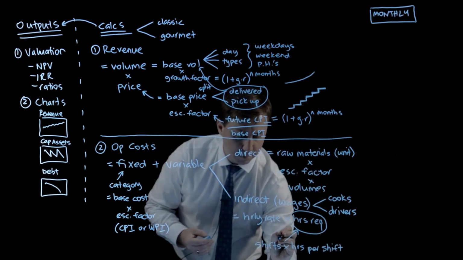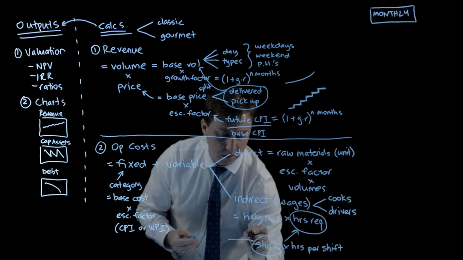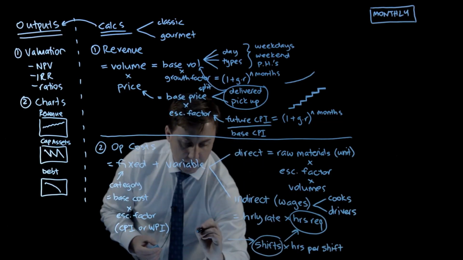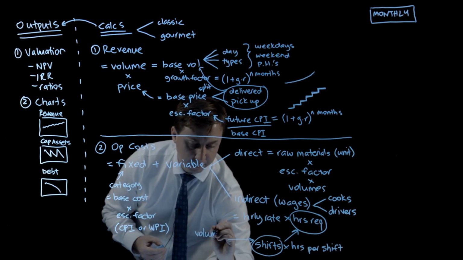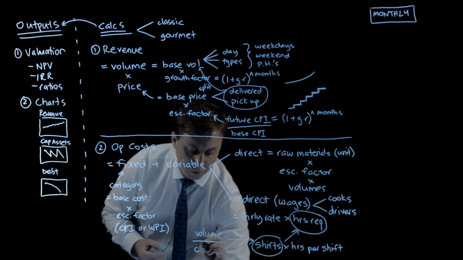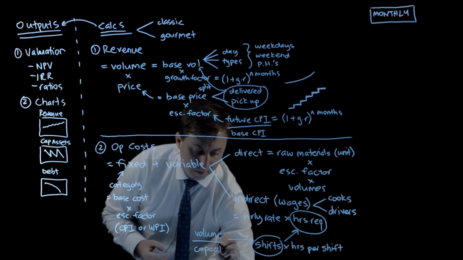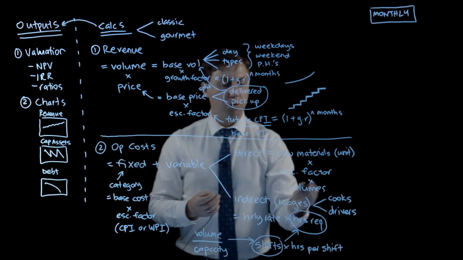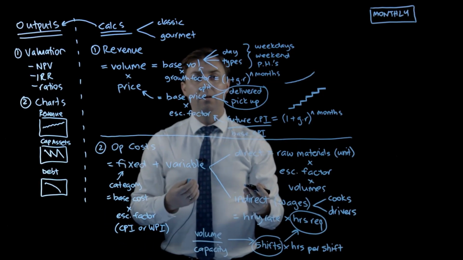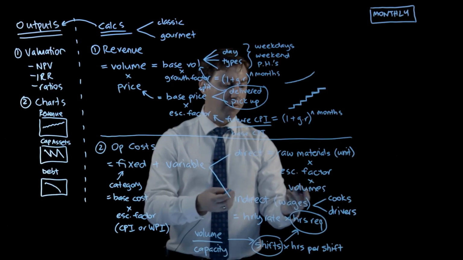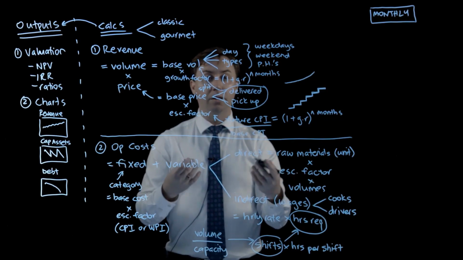And then finally, the number of shifts that we need to work will be determined as the volume of pizzas being made divided by what we'll call a capacity. So the capacity for a cook would be how many pizzas can they make within a shift. For a driver, it would be how many pizzas can they deliver within a shift.